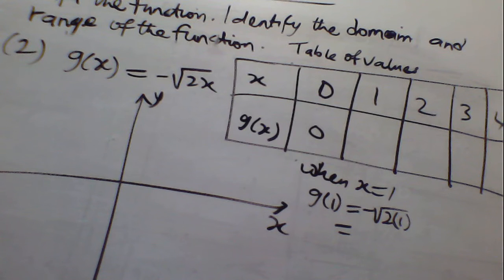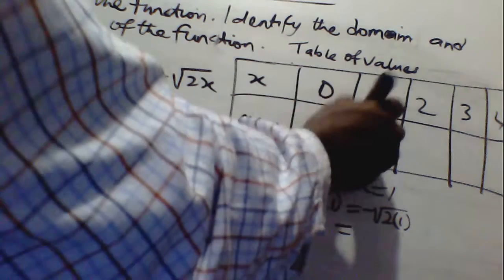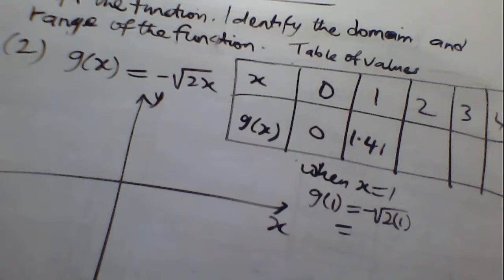You can use a calculator to find the square root of 2. Quickly use your calculator. From the calculator, the square root of 2 will give us approximately 1.41.